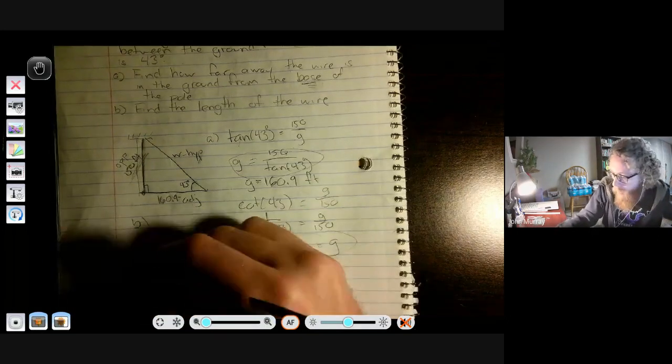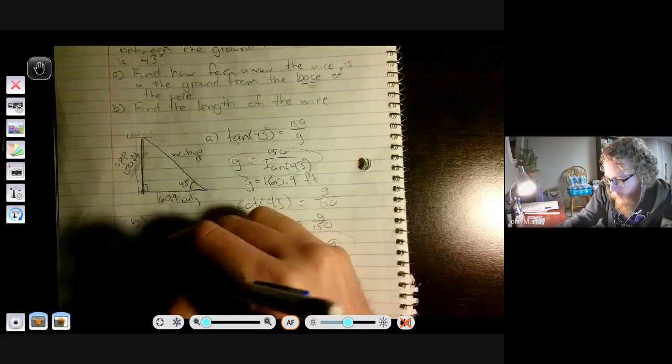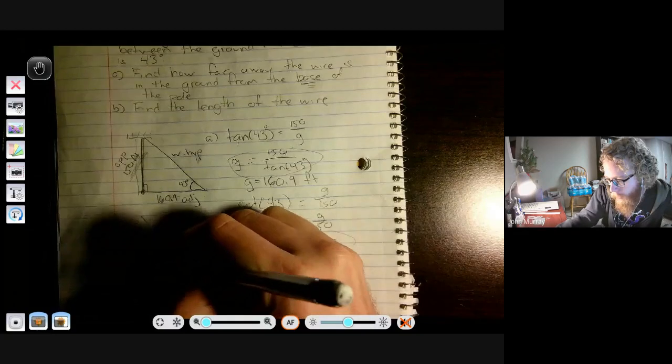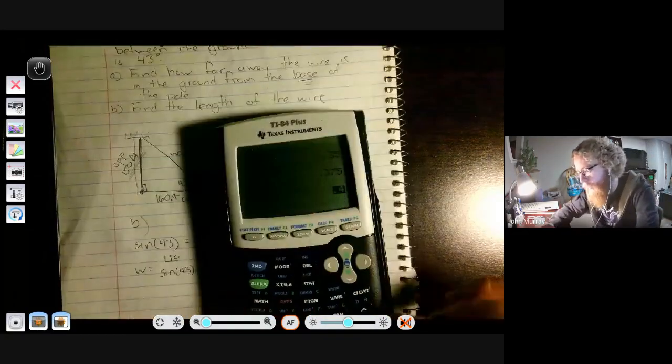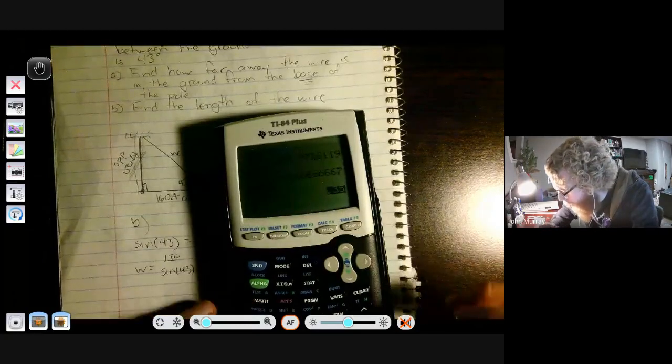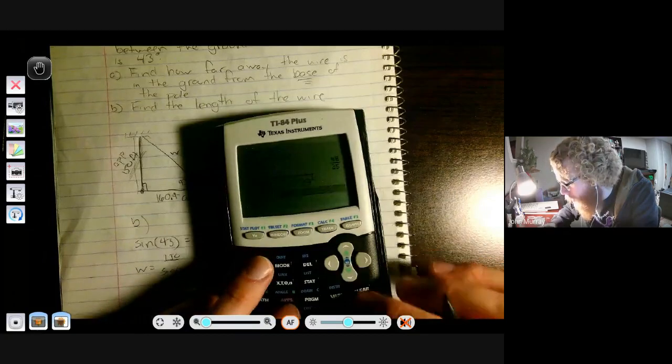So here, to solve for our hypotenuse, to solve for W, I'm going to have 150 over the sine of 43. So I'll use this one: 150 divided by the sine of 43.